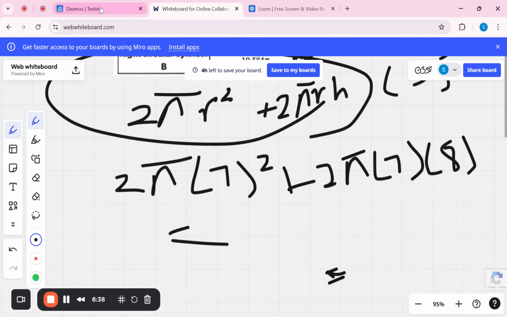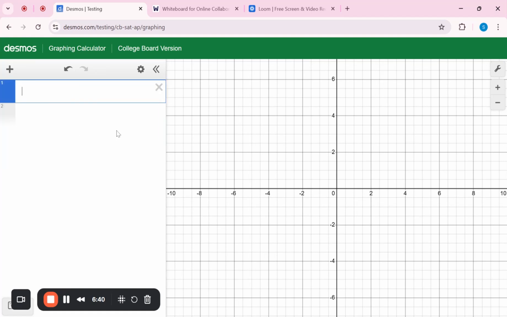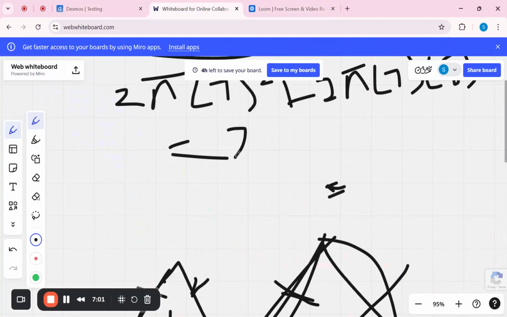Almost okay. Let's run Desmos. 2 pi 7 square plus 2 pi 7 into 8. We won't add pi over here because we don't need it. So it is 210, guys. So it will be 210 pi.